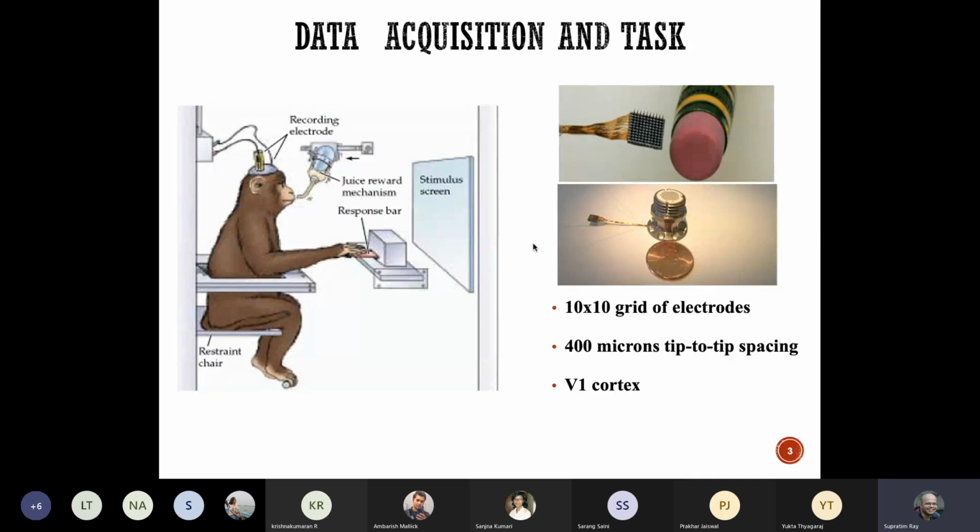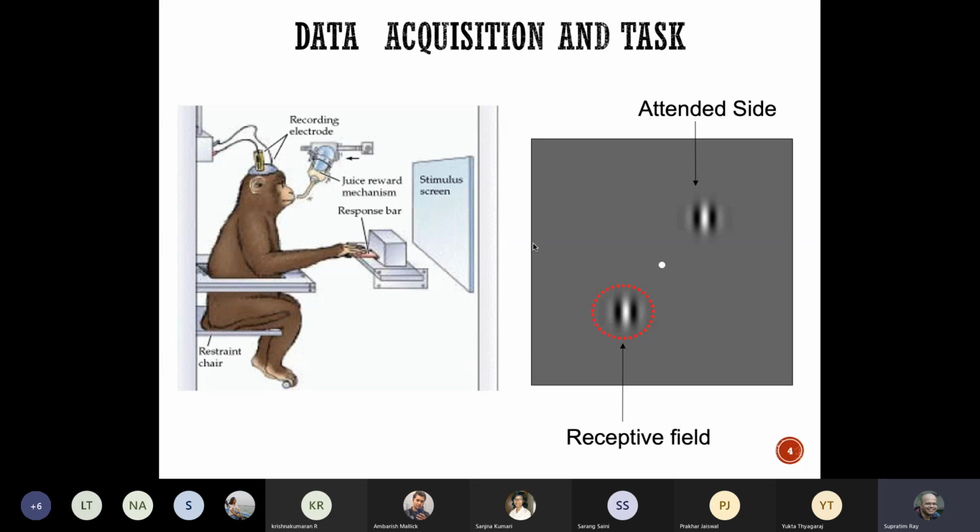So this is the same electrode that recorded the spike data that you played around with in the first module. The monkey looks straight at this dot. You present a couple of stimuli, one on the receptive field of the neuron, which here is shown in this red circle, which is not visible to the monkey.